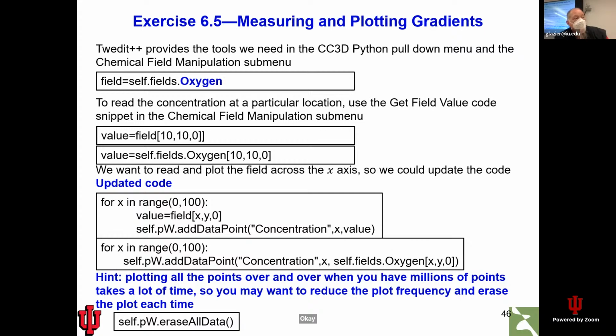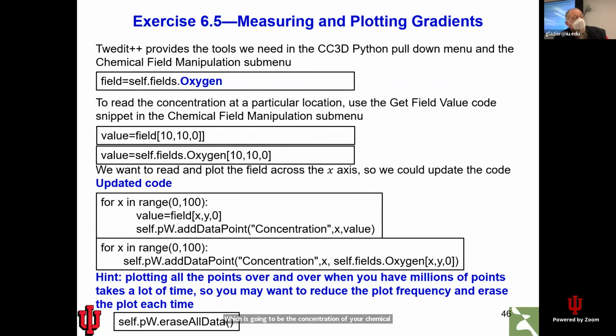Now I'd like you to go into the simulation that you have now and create a scientific plot in the start function, which is going to be the concentration of your chemical versus position.